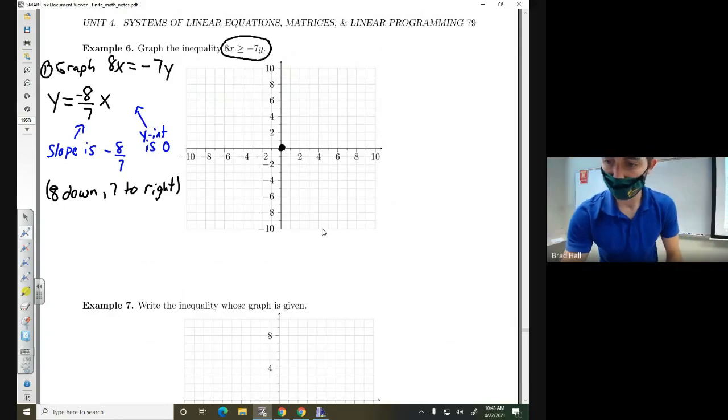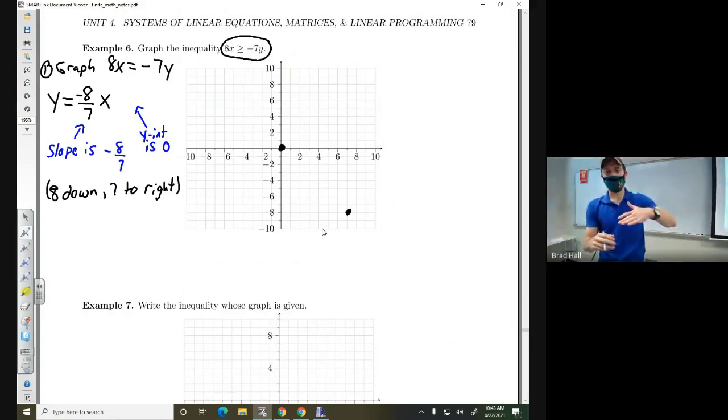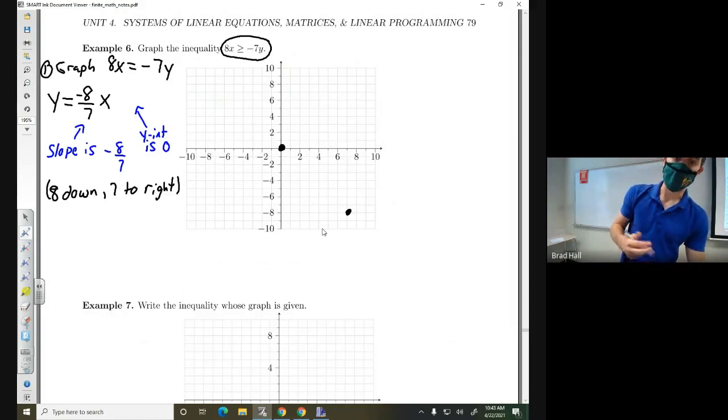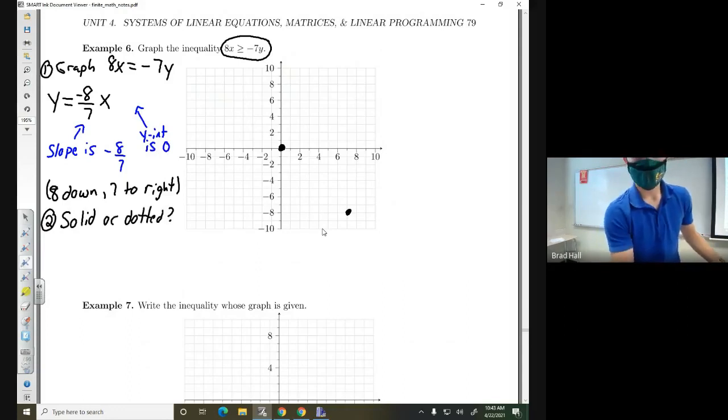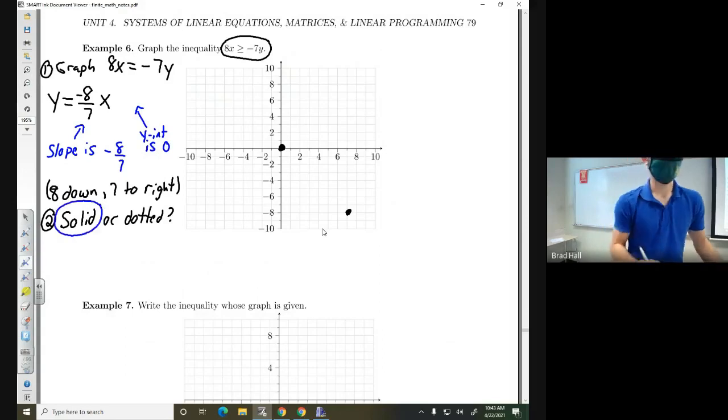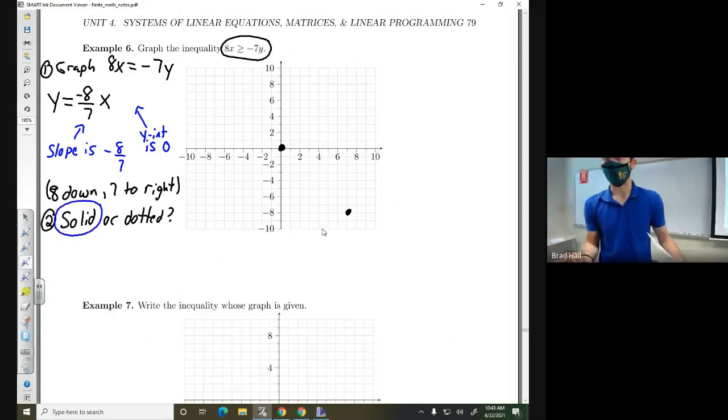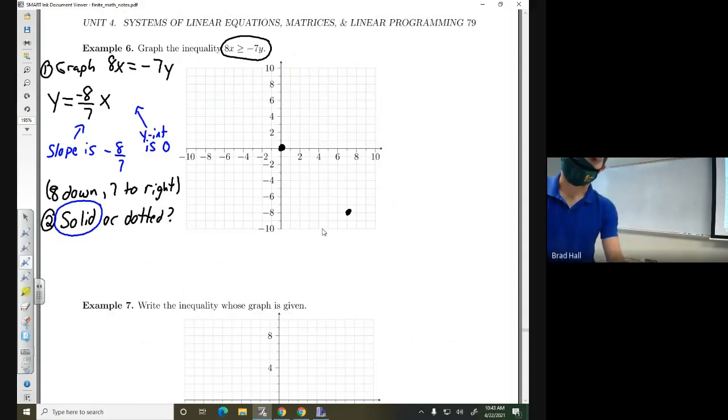We go down 8 over 7. We get the second point all the way over here. You have to go down 8 and to the right 7. That's how we interpret the slope. And from here, is it solid or dotted? This one should be the easiest one. It's solid because the inequality symbol has an equal to sign. So I am going to draw a solid line here right fast.